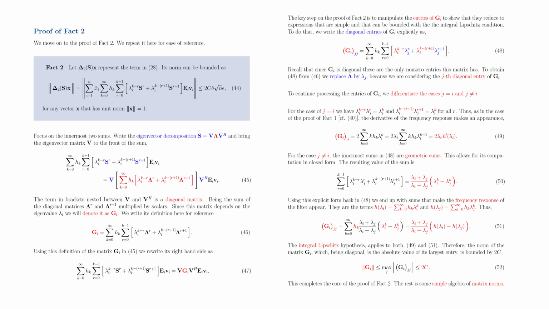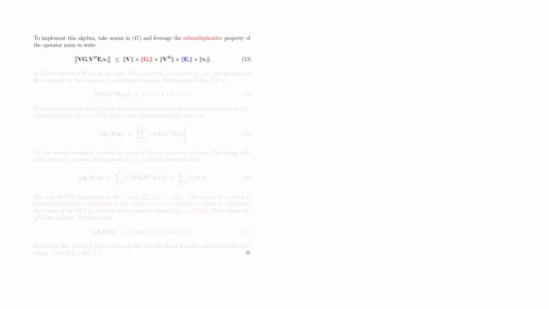The rest is some simple algebra of matrix norms. However, we do need to verify that this is true, so let us do that. We begin by taking norms in 47 and leveraging the sub-multiplicative property of the operator norm.